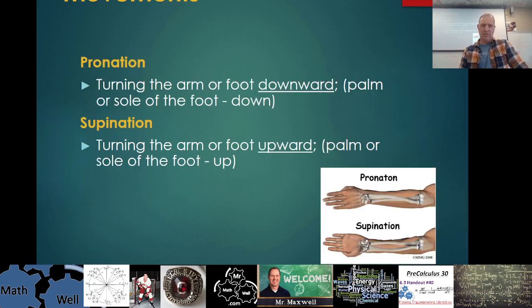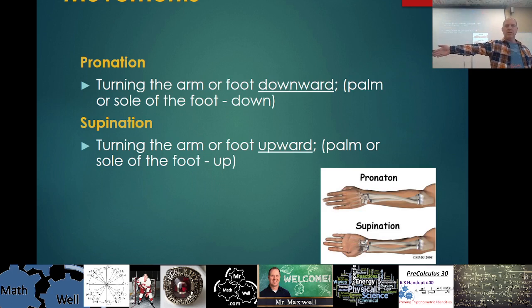Pronation: turning the arm or foot downward, palm or sole of the foot down. If you have your arm off to the side like this and you move it down, that's pronation.